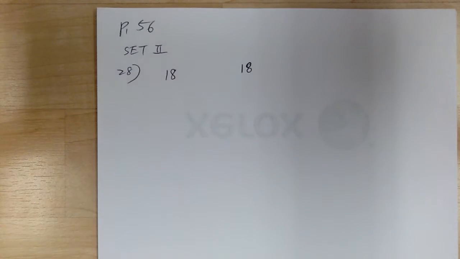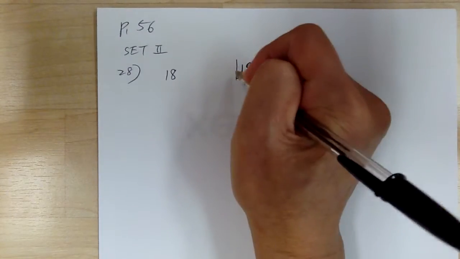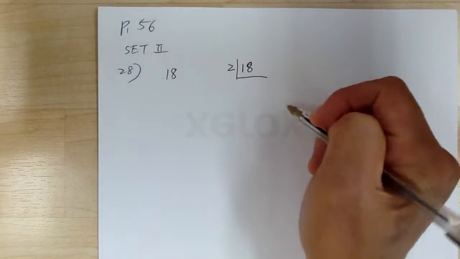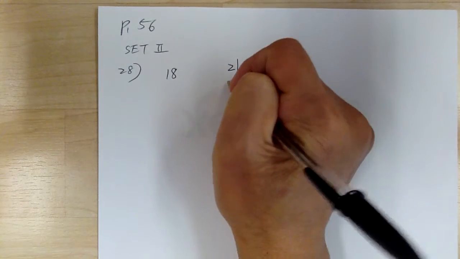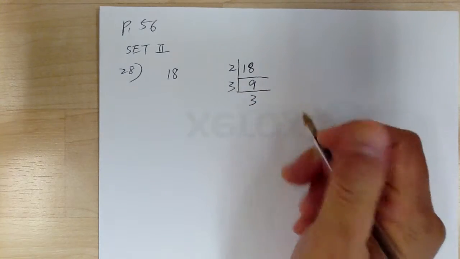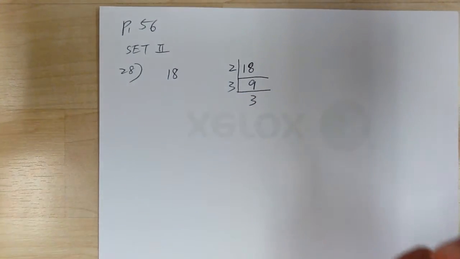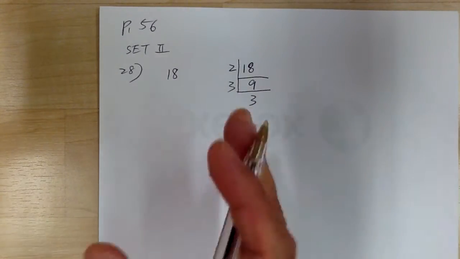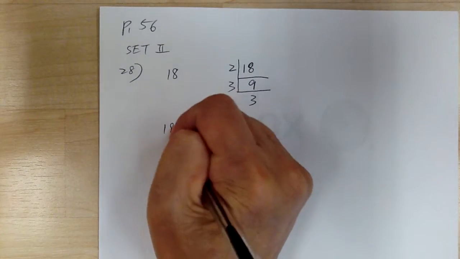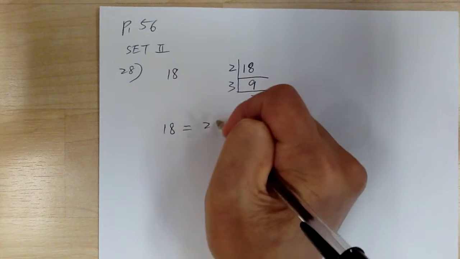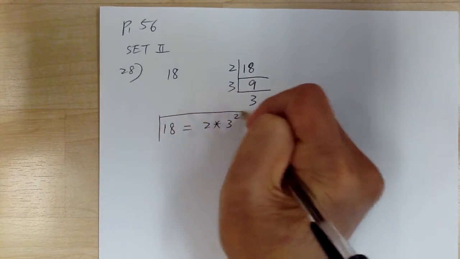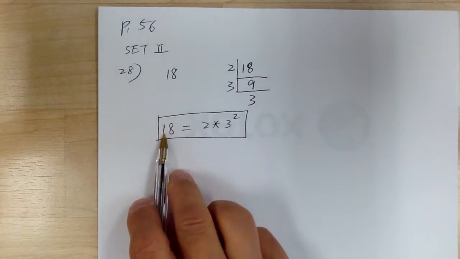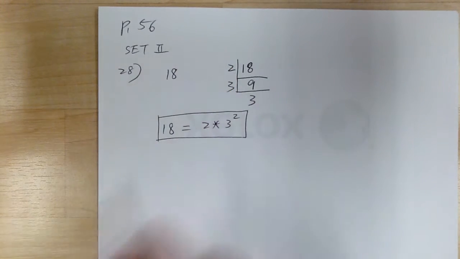See what this is made of. So you start with the lowest number, so divide by 2, you get 9, and after that you divide by 3 and 3. So 18 is equal to 2 times 3 squared, and so that is your answer. So 18 is made out of 2, 3, and 3.